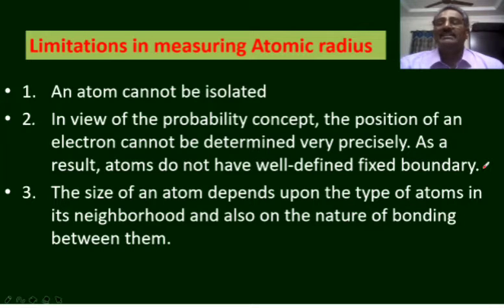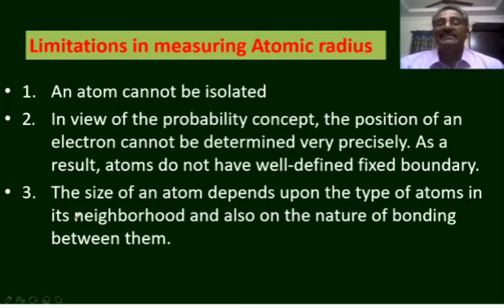We consider the electron cloud which covers the maximum probability of finding electron around the nucleus as the orbital. So there is no fixed boundary to the orbital. So it is not possible to pinpoint the position of an electron precisely.